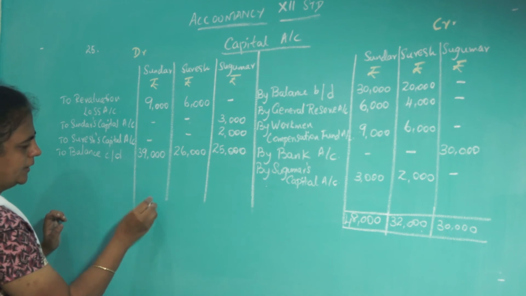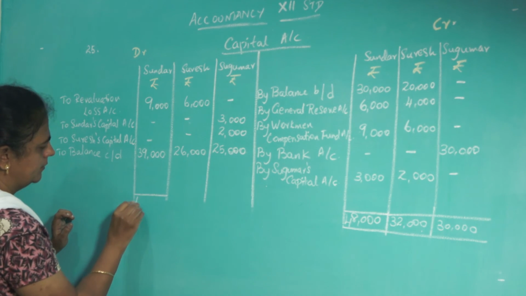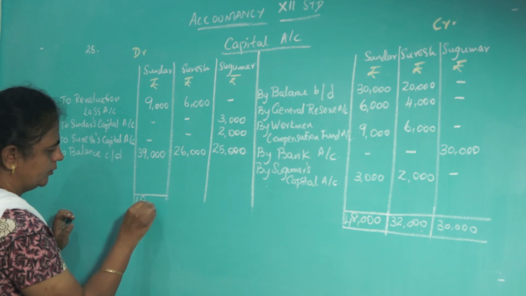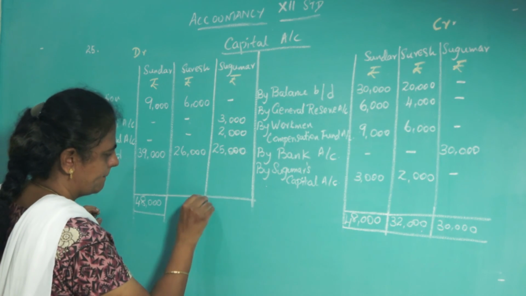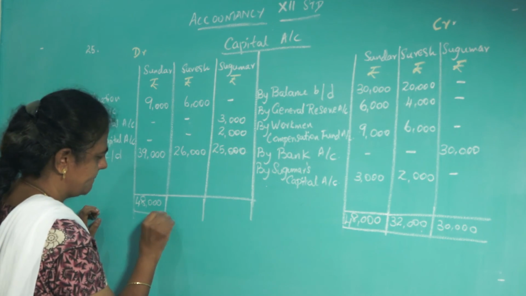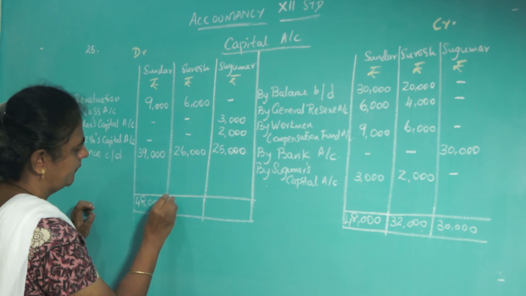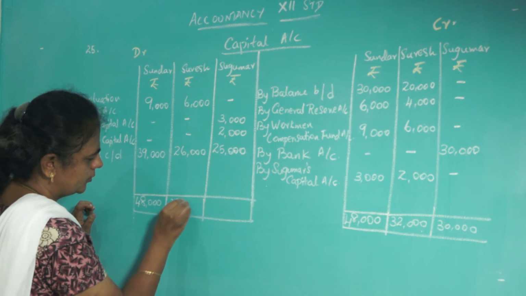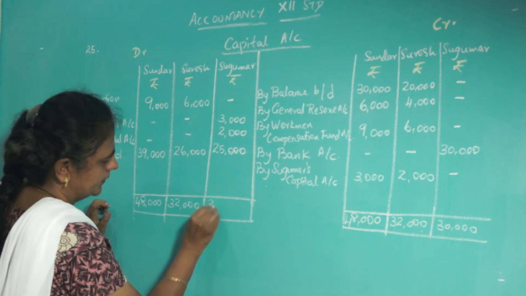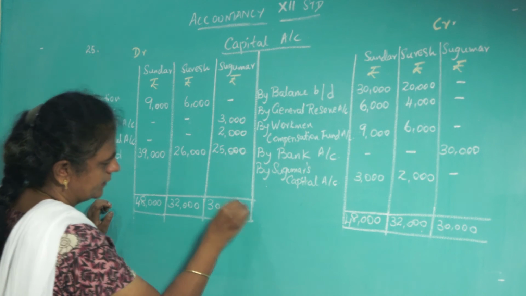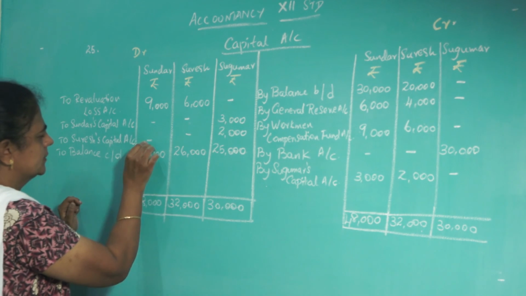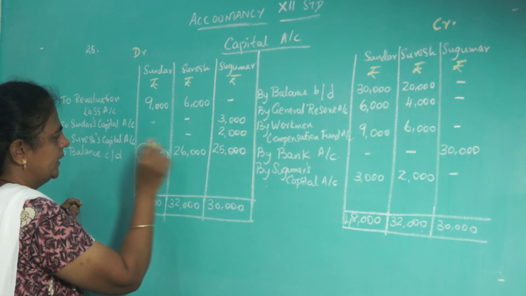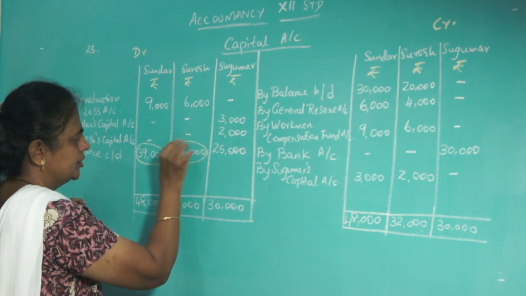So put the total here: 48,000, 32,000, 30,000. This is the balance which we have to take to the balance sheet.